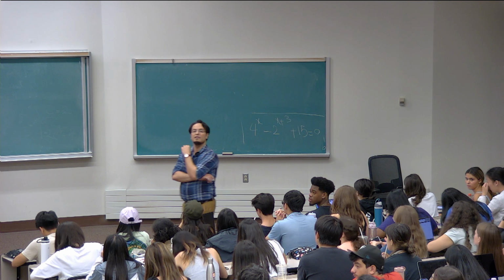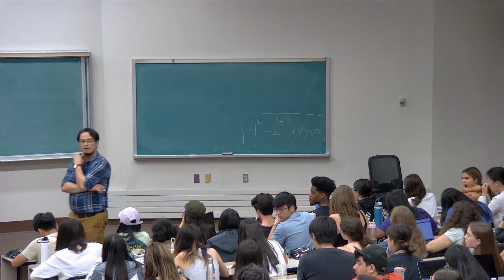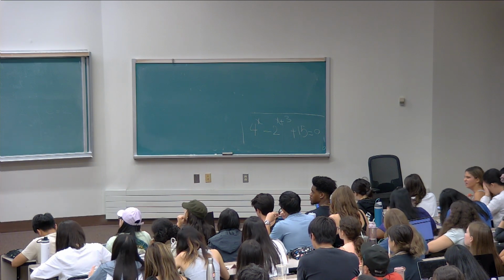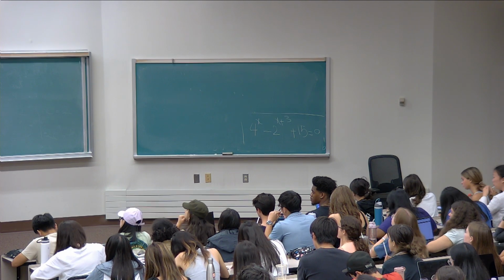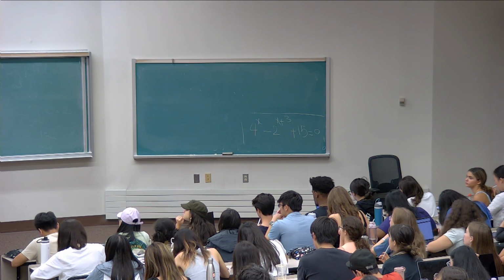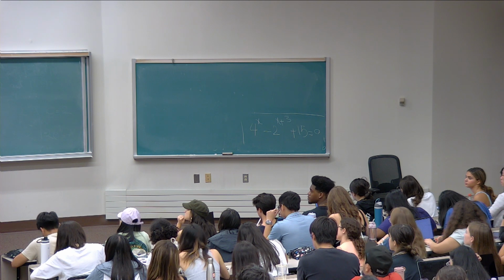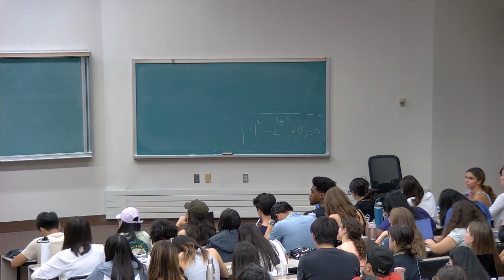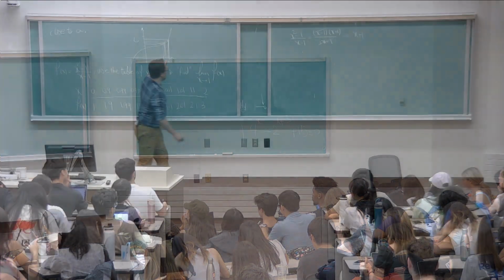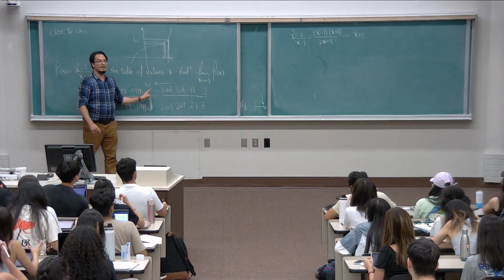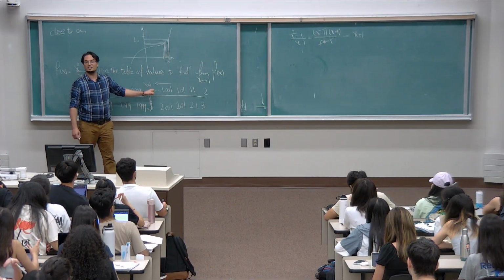The information that we're losing is that x cannot be equal to 1. When we are trying to cancel, the only thing we have to make sure is that that factor is not 0. And here, when we are trying to find the limit, we never care about the value of the function at 1.